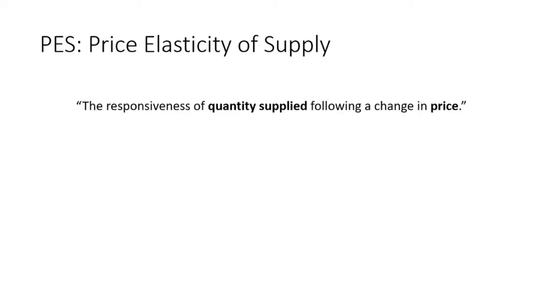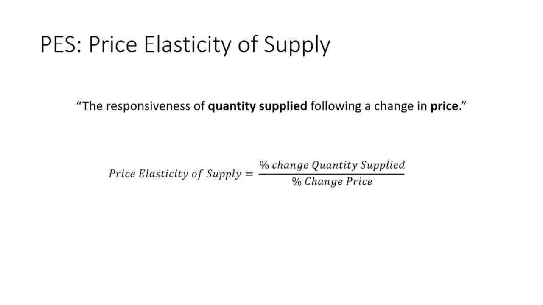We'll also want to be able to put it into mathematical notation. So price elasticity of supply is the percentage change in quantity supplied over the percentage change in price. Remember, this is very similar to the other elasticity formulas. Again, it's the queen rules over the people.